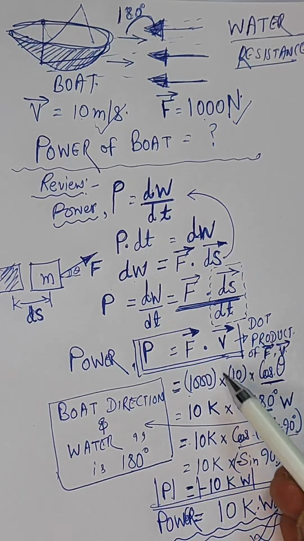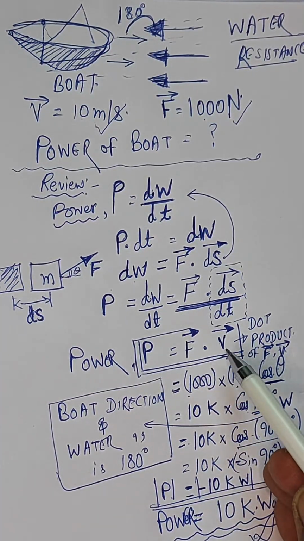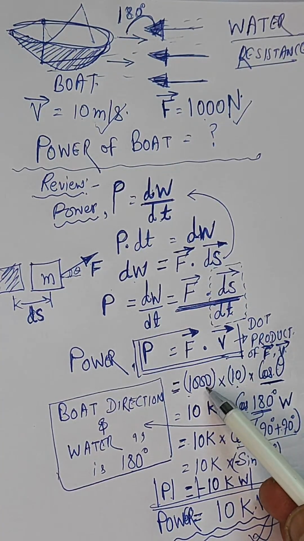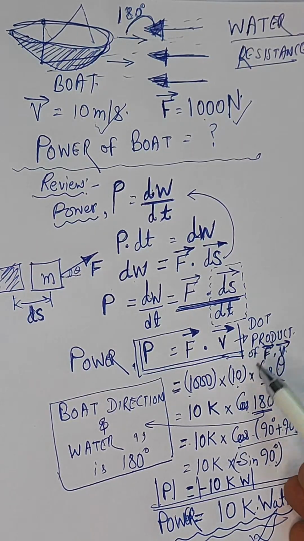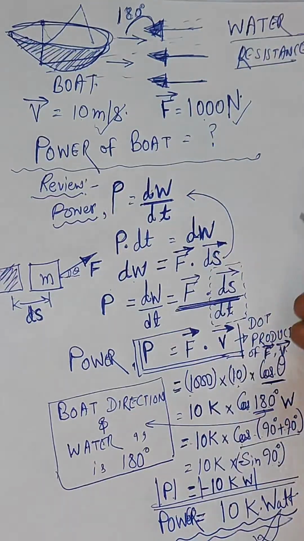So F dot v will become magnitude of force multiplied by magnitude of velocity. Magnitude of force is 1000, magnitude of velocity is 10, and cos theta. Cos theta is nothing but cos of the angle made between the force and velocity, right?